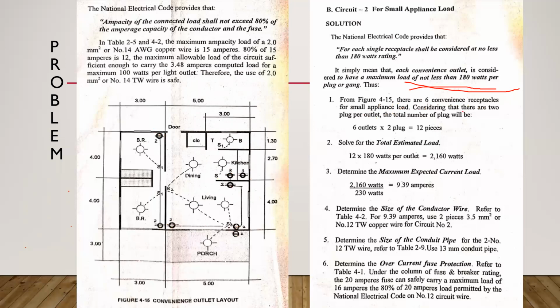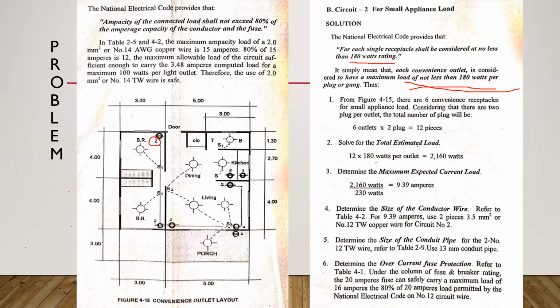So considering that there are 2 plug per outlet, which is considered dito 2. So 6 outlets times 2 plugs. So meron tayong 12 pieces. Itong pieces na ito, times natin again doon sa ating 100 watts rating.